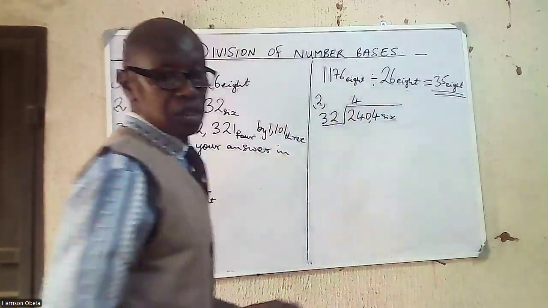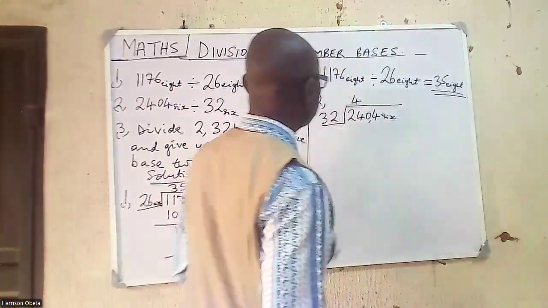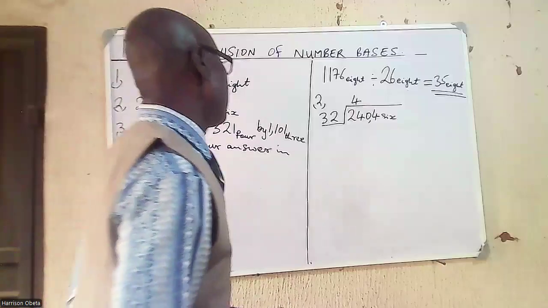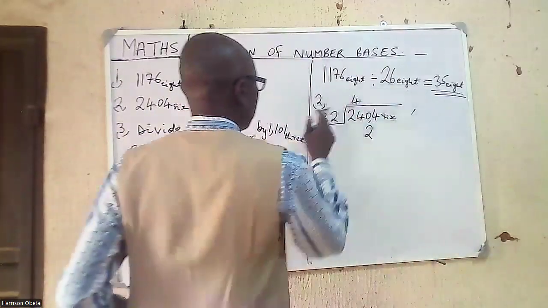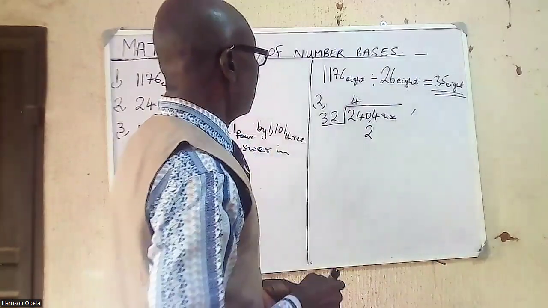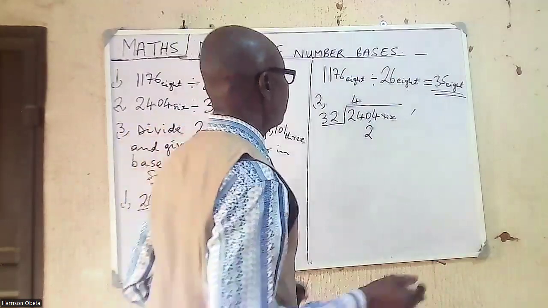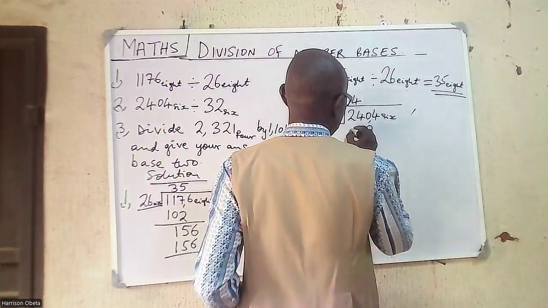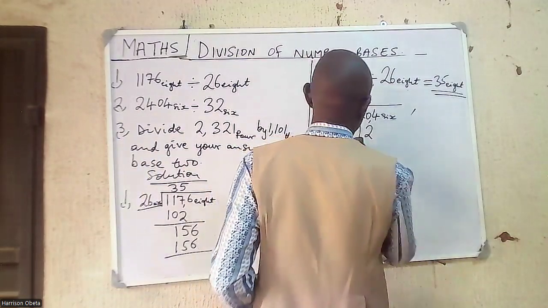Okay. So if we do that, 4 times 2 is 8. Then how many 6 do we get out of 8? That is 1 remainder 2. We write our 2. Carry 1. 4 times 3 is 12. Plus 1, 13. How many 6? We have 2 remainder 1. So that is 2, 1, 2.